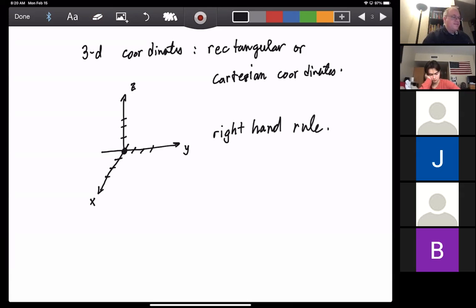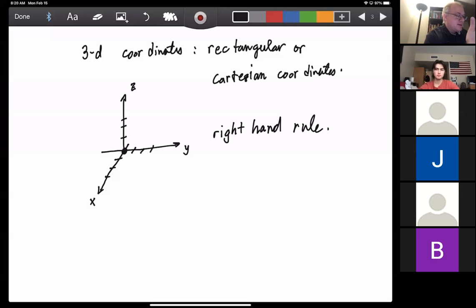Okay, so think of taking your hand, your right hand, point your fingers in the positive X direction, curl them towards the positive Y direction, and your thumb is going to be pointing in the positive z direction.